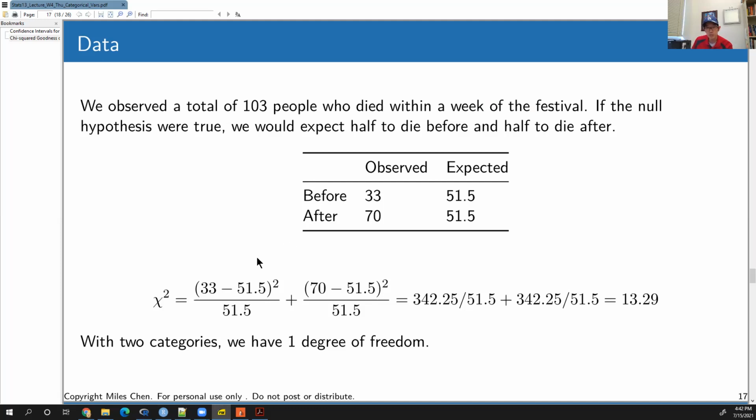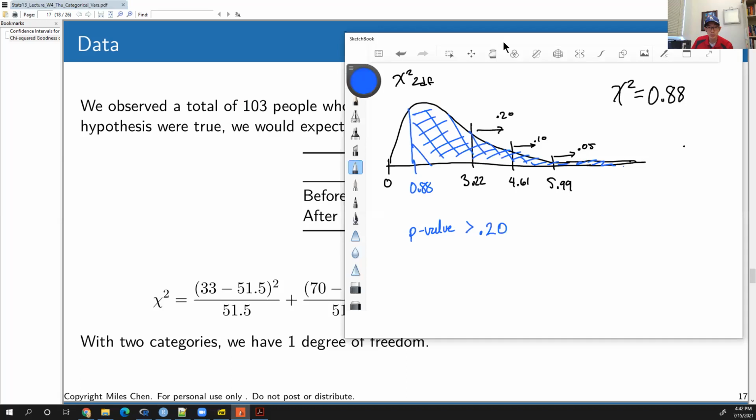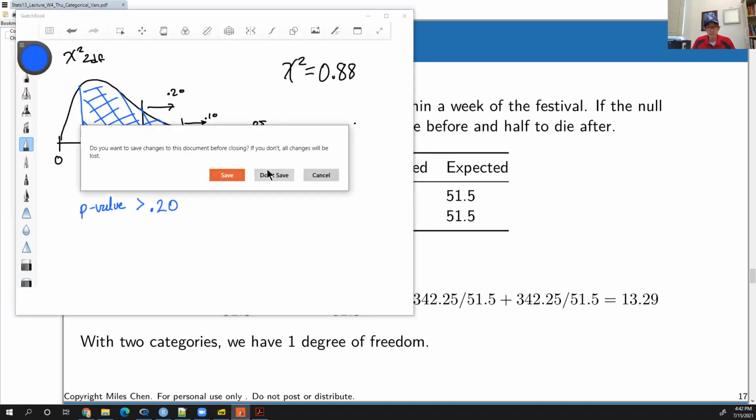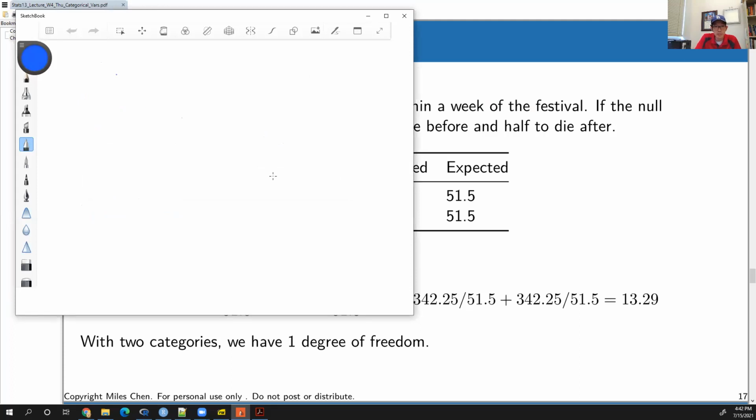All right, so we're going to do observed minus expected, and I have them written out here. I can put them up here as well. Okay, so again, if we do observed and expected, we got 51.5, 51.5, 33, 70. This is before and after.